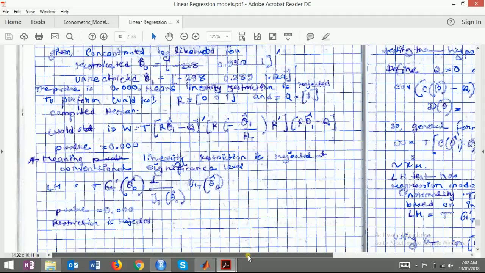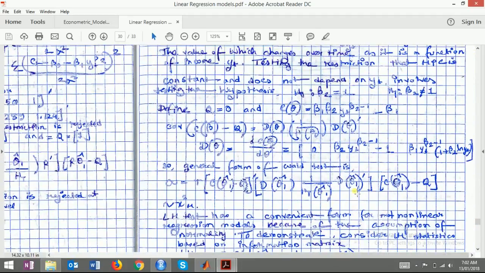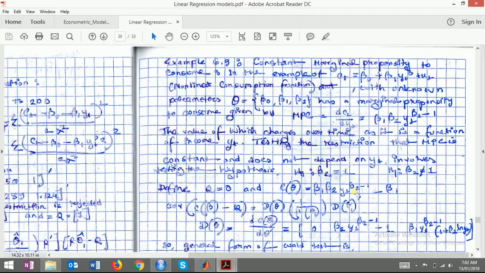LM test and LR test. So example 6.9, constant marginal propensity to consume. This is an example that we will deal with later.